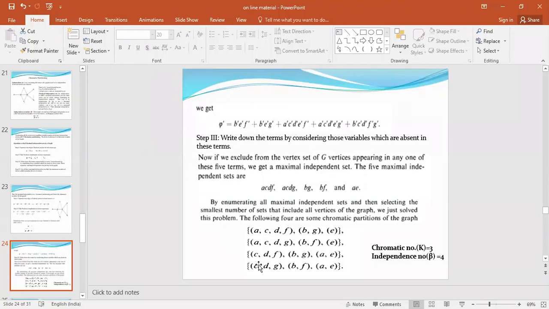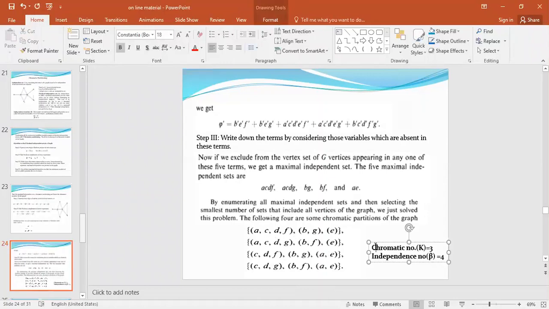This third one, CDF or CDG, was not coming out of this process. Only these two are coming from this process. But these are sufficient to give you the idea of chromatic number and chromatic partitioning. So using Boolean algebra, we can find the chromatic partitioning of this graph. It is containing these three, and if you do a little more workout, you can get that too. But otherwise, these three are sufficient.